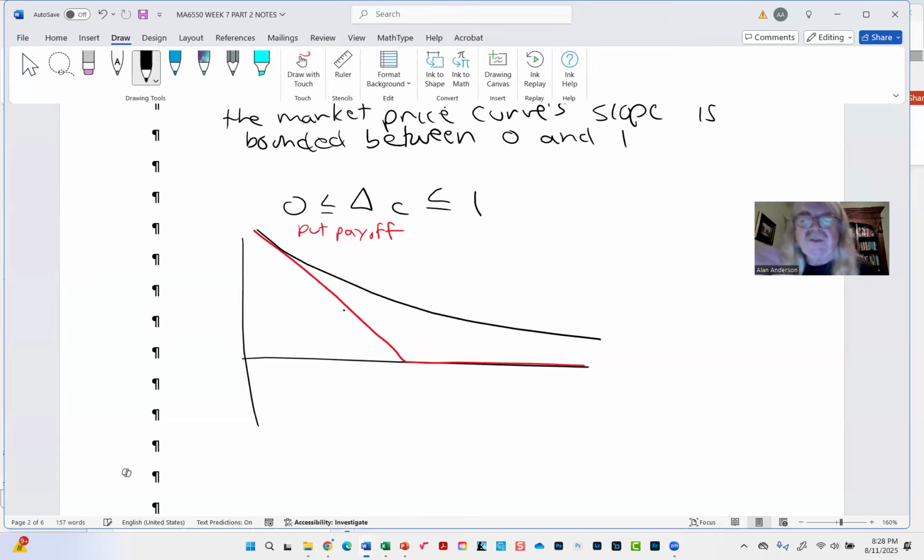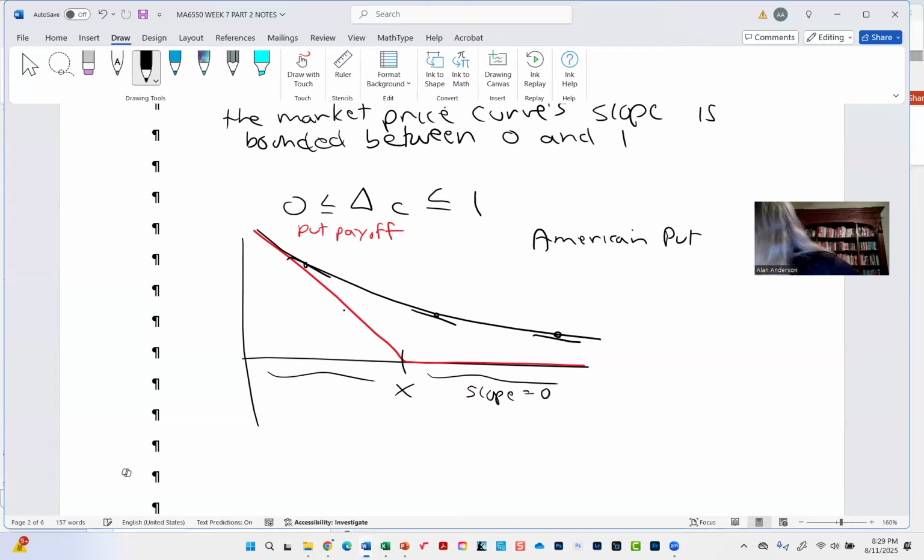Now, one thing I do want to mention as a side note, here we're assuming that this is an American put. For very technical reasons, we're using the American put in this case. We'll get back to that later on, but you can see what's happening here is the curve is always negatively sloped. The payoff slope is always 0 or -1.